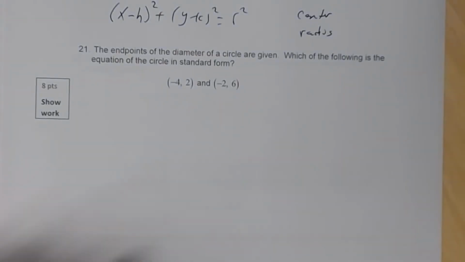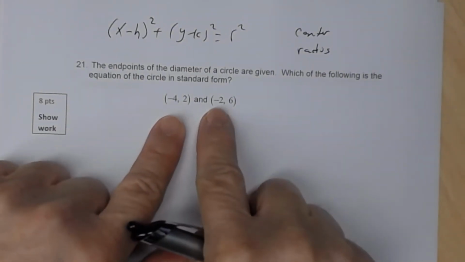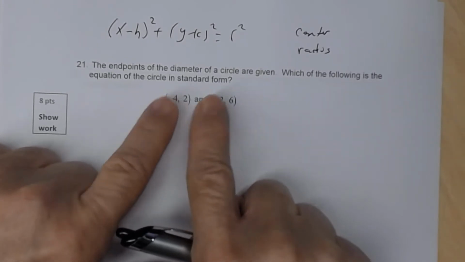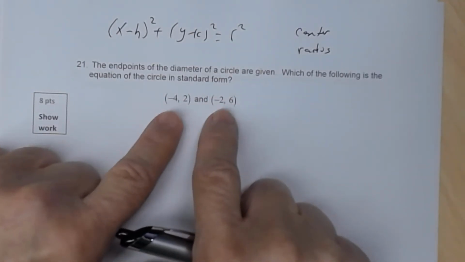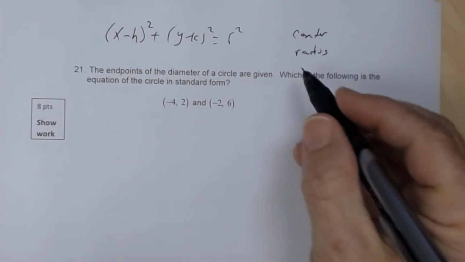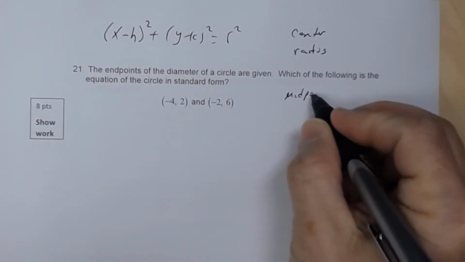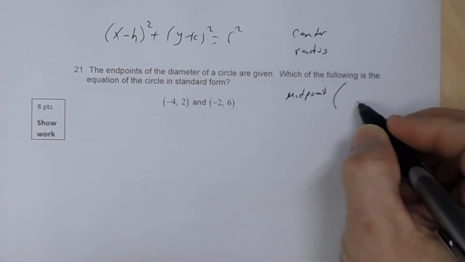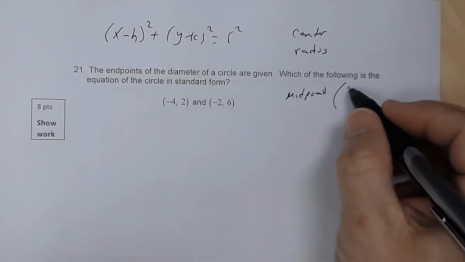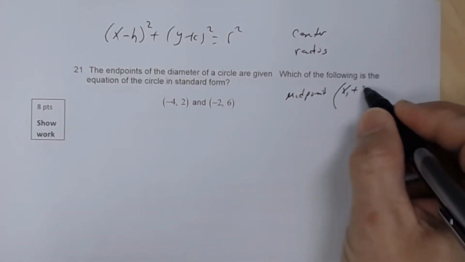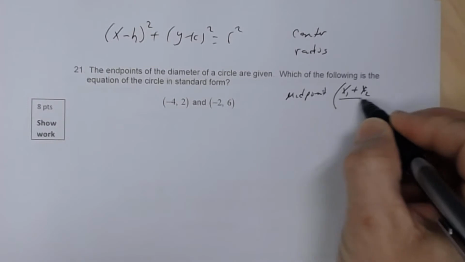So if you're told that the endpoints of the diameter are here, so if you're going to find the center of the circle, that's going to be the same as the midpoint of this diameter. So you have to use the midpoint formula. The midpoint formula, it's a point, so you're going to need parentheses. That's where you add your x coordinates together, divide by 2.